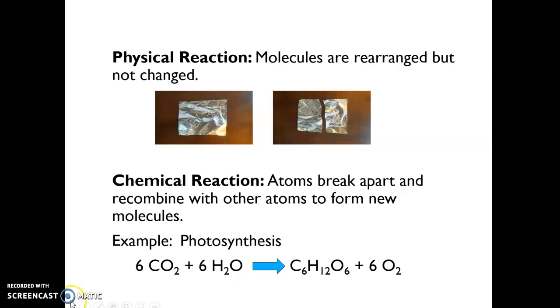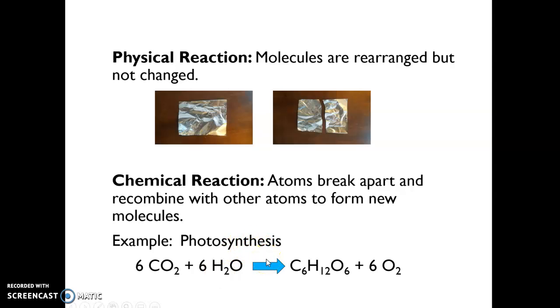In a chemical reaction, the atoms that are on the one side of this equation here, the reactants, actually break apart from one another and recombine with other atoms to form new molecules. The example we'll use is photosynthesis. In that case, we have 6 molecules of carbon dioxide and 6 molecules of water.